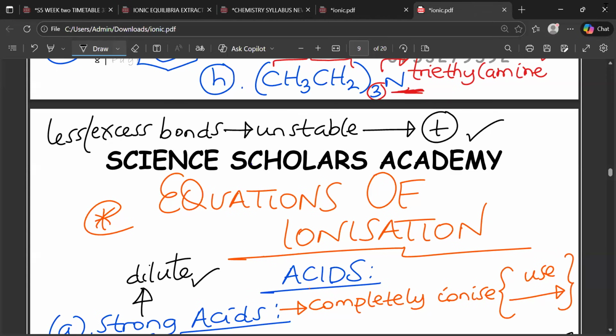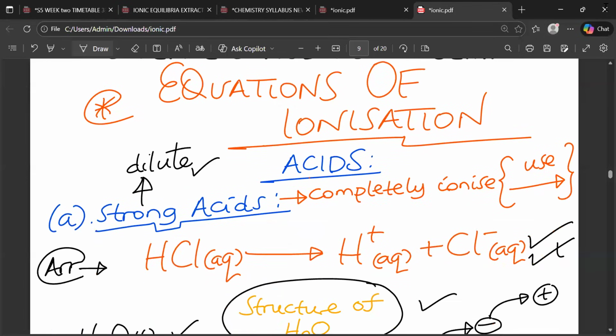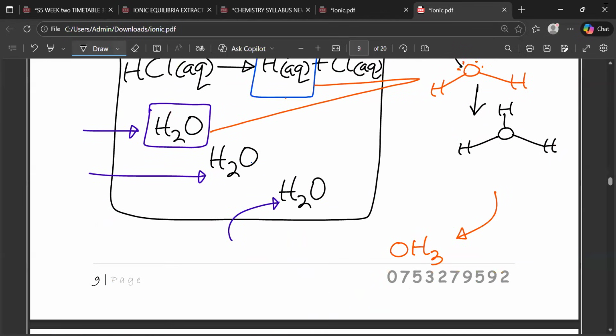So whatever has just happened, the oxygen has gotten a third bond, and oxygen is only stable with two bonds, making that bond excess. So the atom is unstable. How do we show that it is unhappy, uncomfortable? We give it a plus. So we should put a plus here. Now, as usual, we are people who are good at condensing.